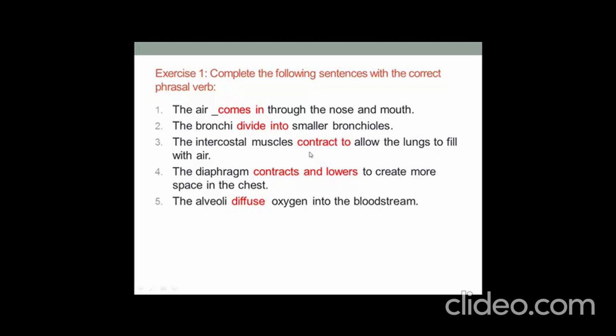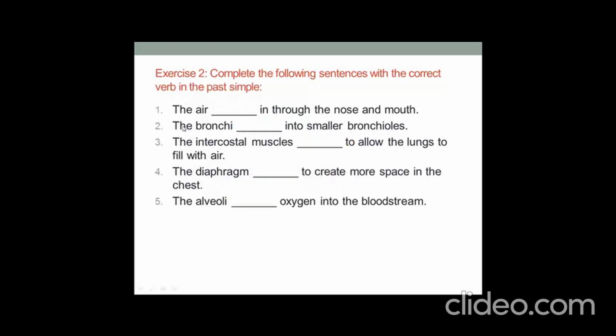Okay, so we move to exercise 2. Complete the following sentences with the correct verb in the past simple. The air in through the nose and mouth. The bronchi into smaller bronchioles.